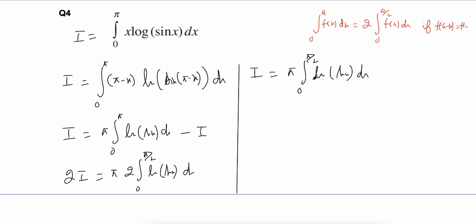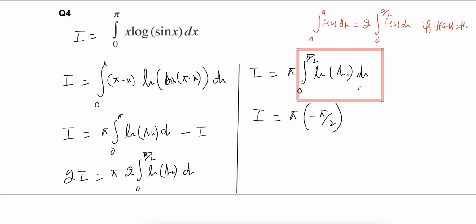And that answer is what? Minus pi by 2. Remember all of you. This answer will be minus pi by 2. So I equal to pi into minus pi by 2. This part of the question I discussed in the class. If you did not attend, there is no use of attending the discussion of this. And in future, I will use this property as a property, not for board exam. Be clear. For board exam, always you have to solve it.